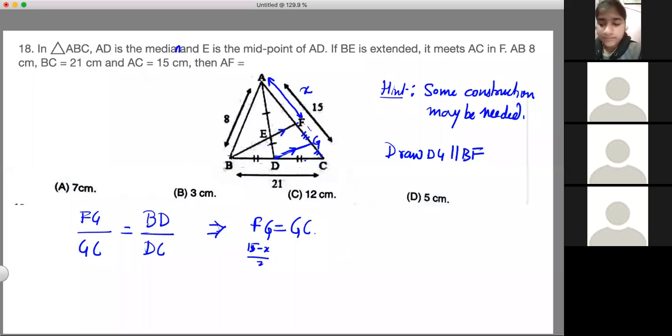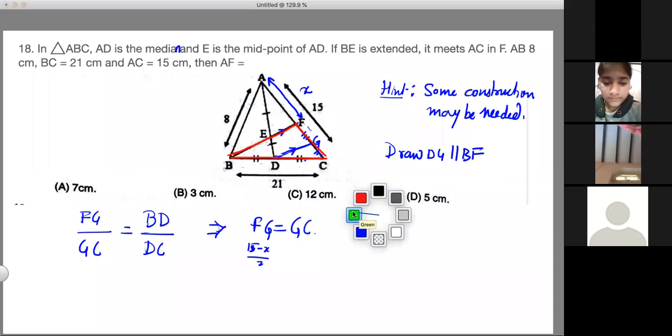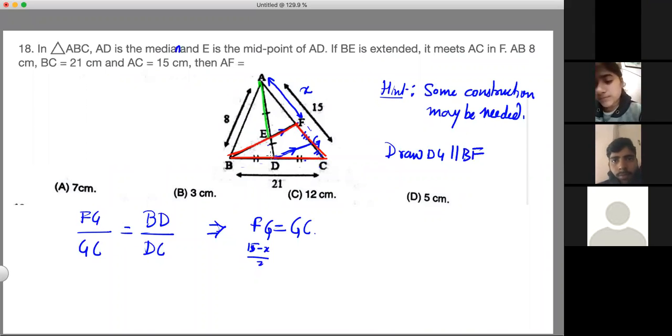You have used this triangle to come up with this, right? Okay, you can do one more thing. See, there is a parallel line in this triangle also. Try using this.